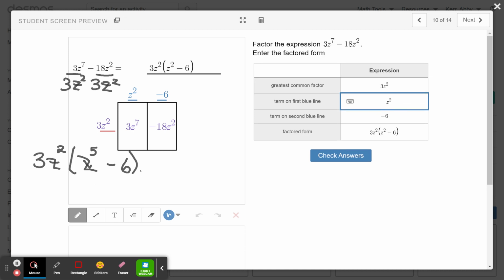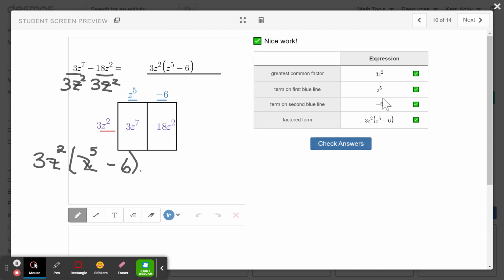Oh, I wrote it wrong, huh? It should be z to the 5th. I apologize, I couldn't read my own handwriting, and then z to the 5th here. All right, cool.